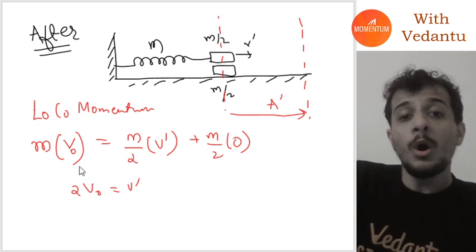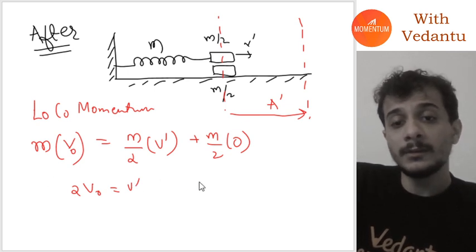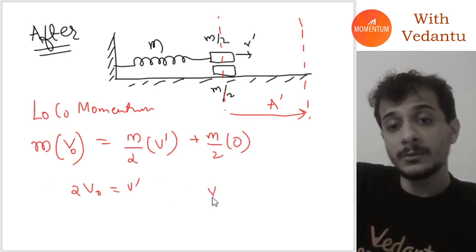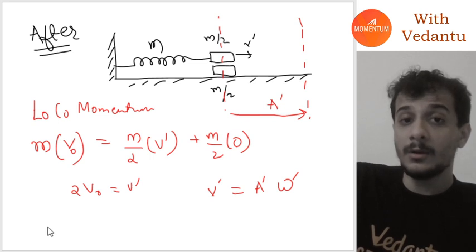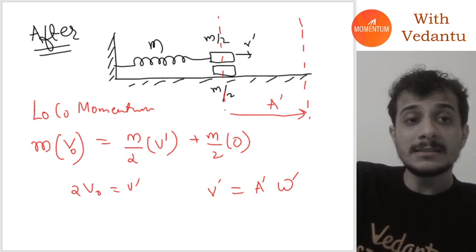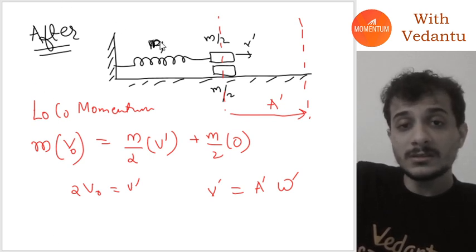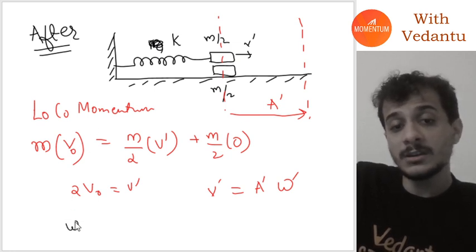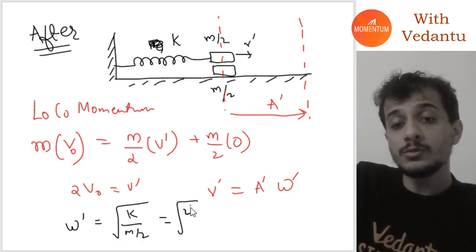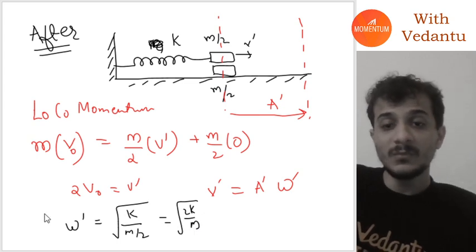Now, I can also write the relation between V dash and A dash. V dash can be written as A dash into omega dash. Here you have to remember that since the mass of the system changed, its angular frequency will also change. The new angular frequency will be under root of k divided by m by 2, or under root 2k by m.